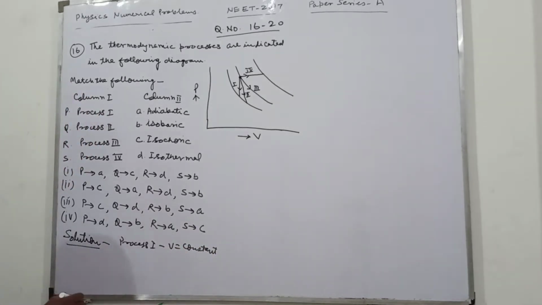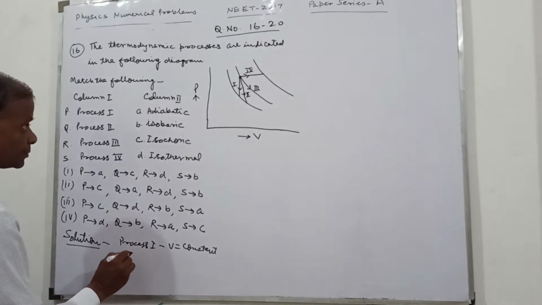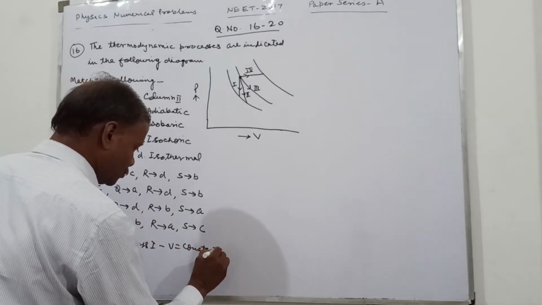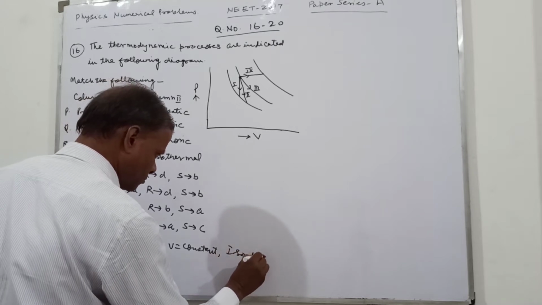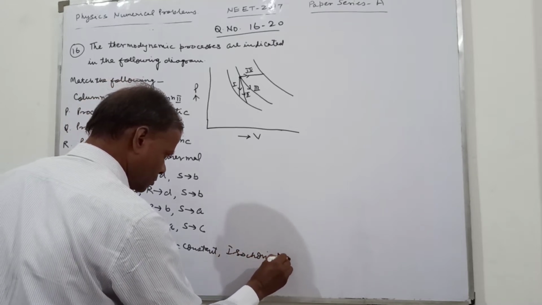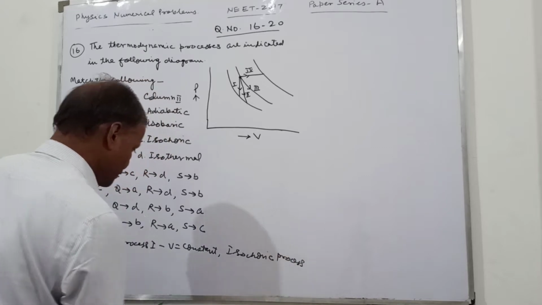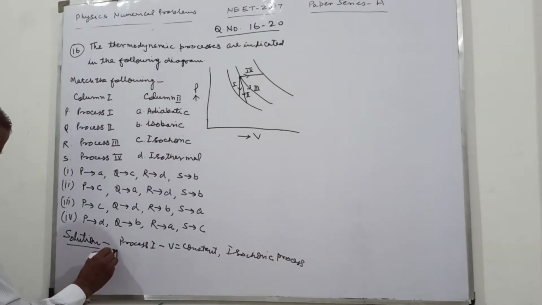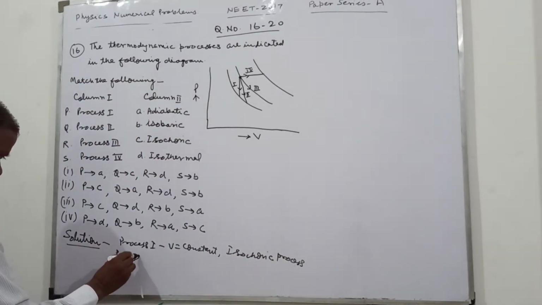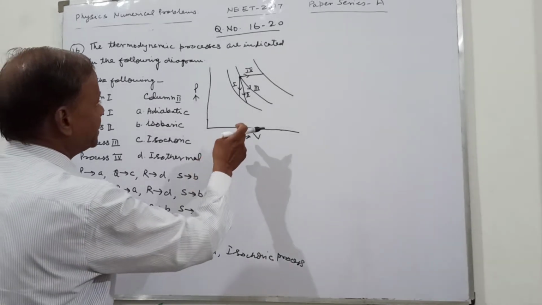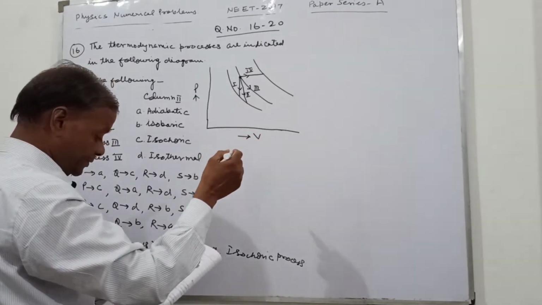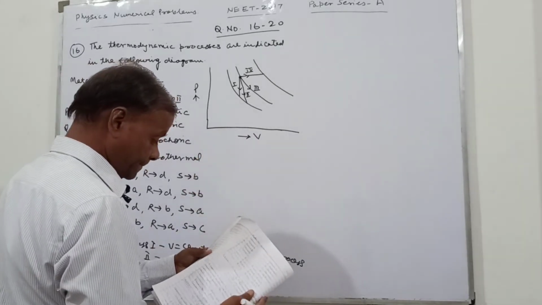So this is the isochoric process. Now process second. In process second, the temperatures are also given here.